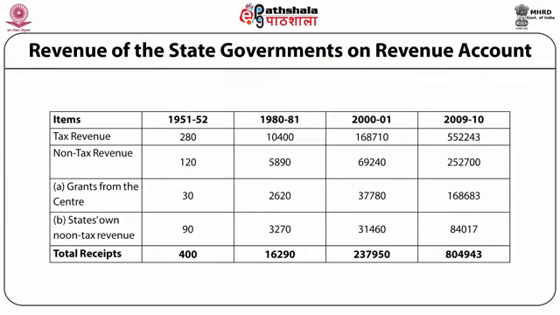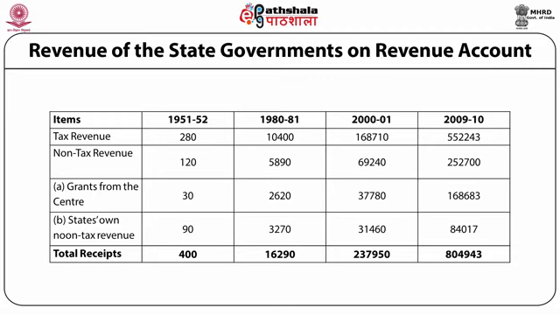Revenue of the state governments on revenue account: as we can see, it was just 280 crores in 1950-51, which rose to 5,52,243 crores in 2009-2010.